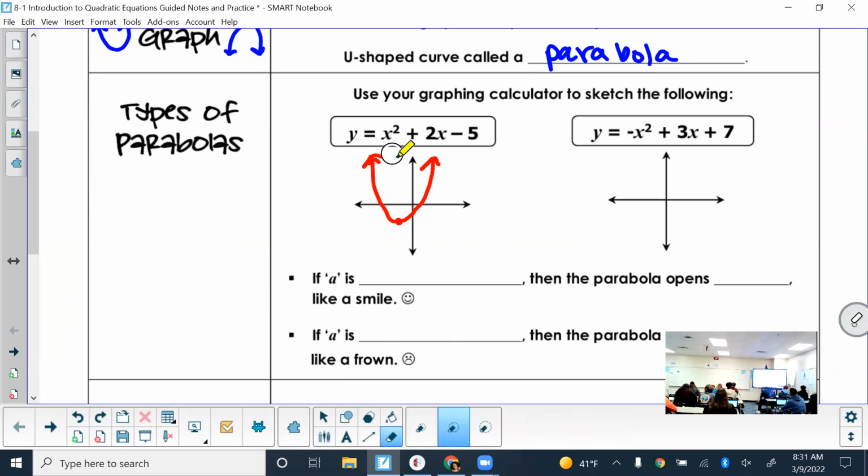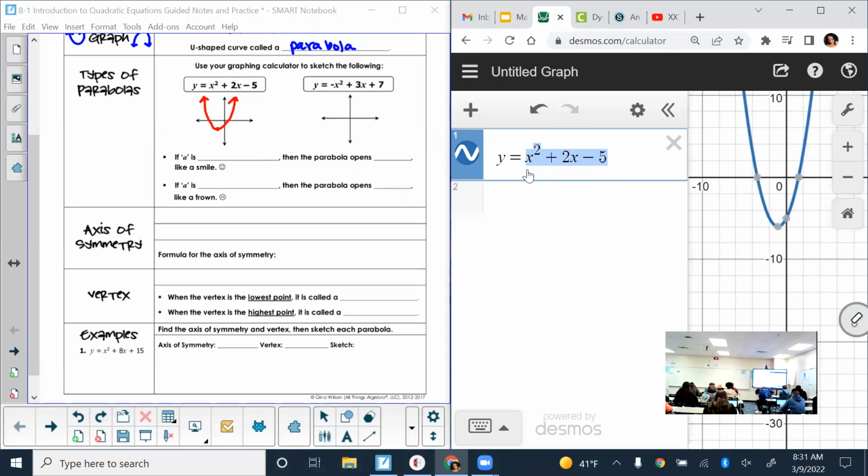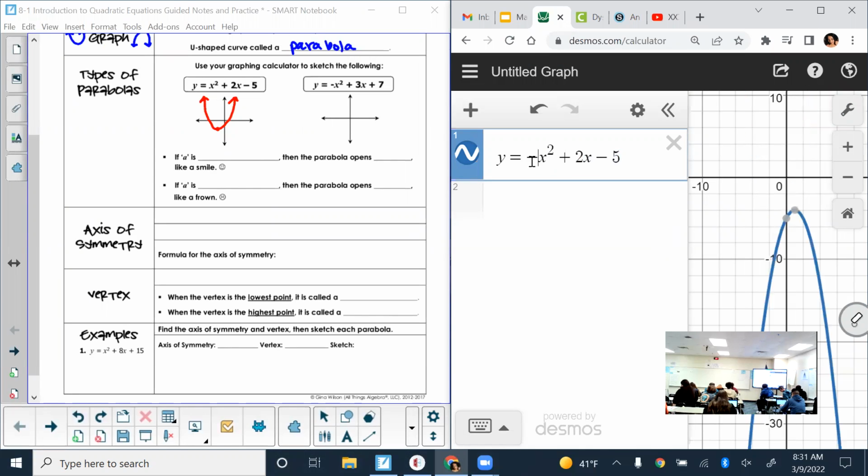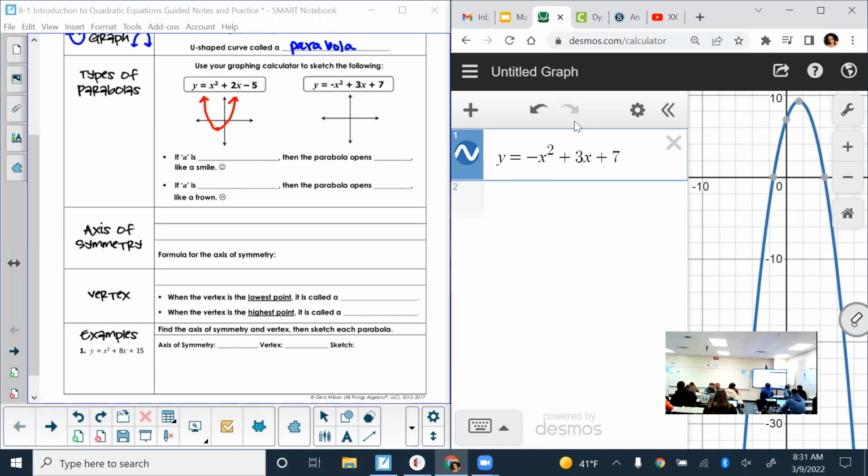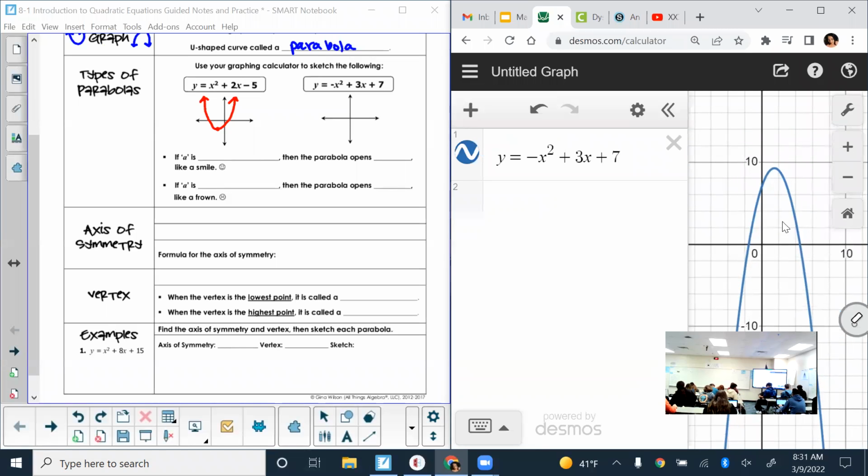Then do the same thing with the other equation. If you don't have Desmos out already, I'd get it out because you'll need it anyway, and you should be practicing entering this stuff. So negative x squared plus 3x plus x. Look, we get a U-shaped graph.